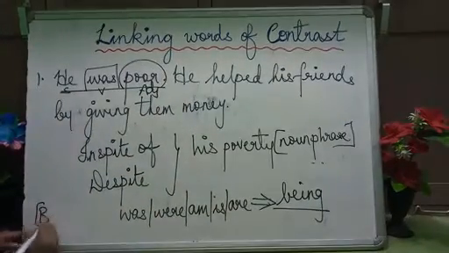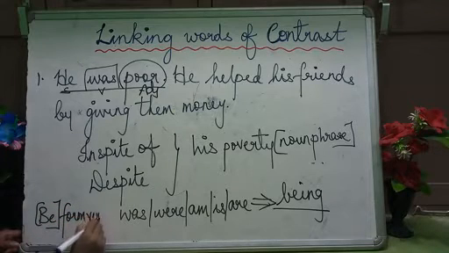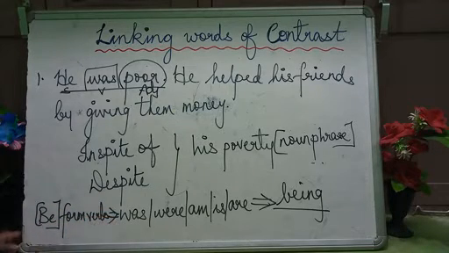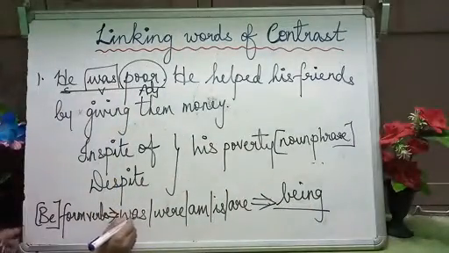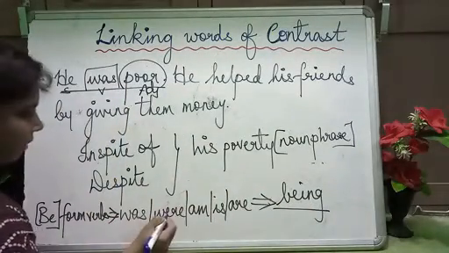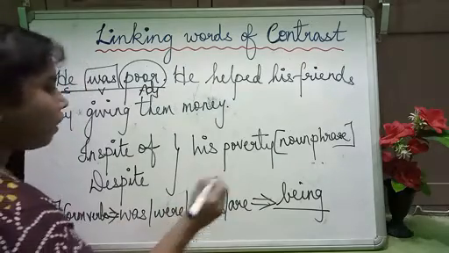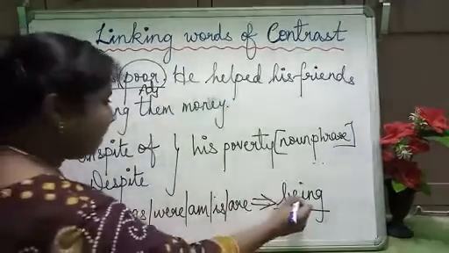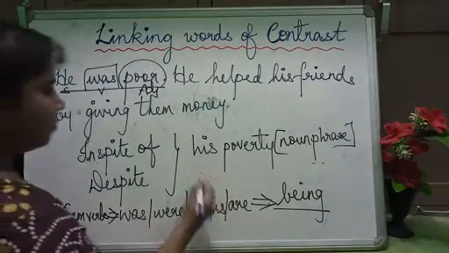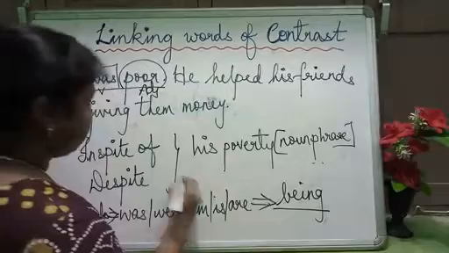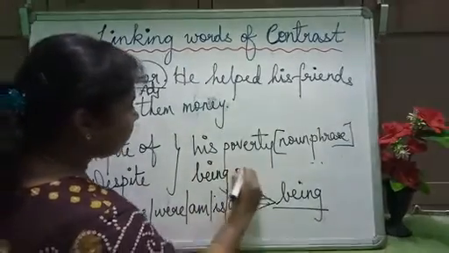Why? Because these are be form verbs, and therefore we use being for was. Whenever was, were, am, is, are comes, you will use being there.